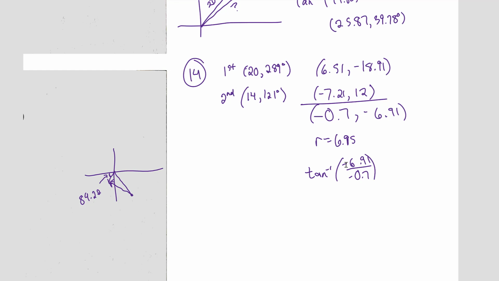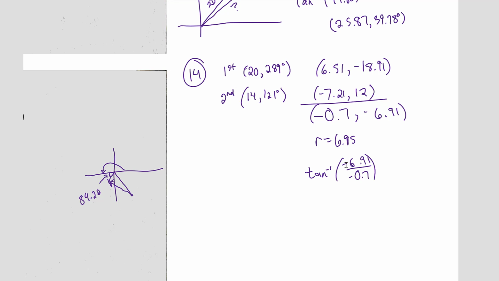So we're going to add 180 to that, which gives us the actual angle we want. It's 180 plus if it's in the third quadrant, or 180 minus if it's in the second quadrant.